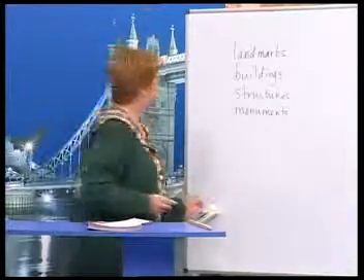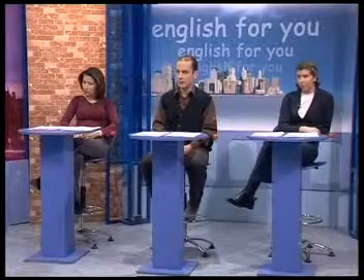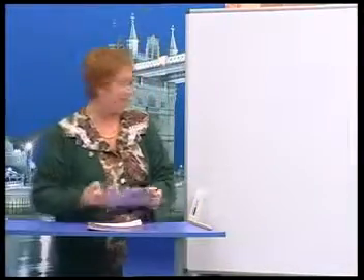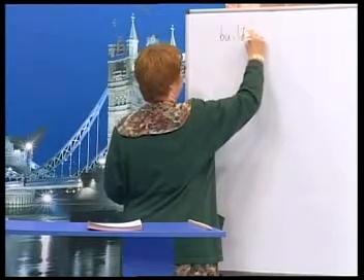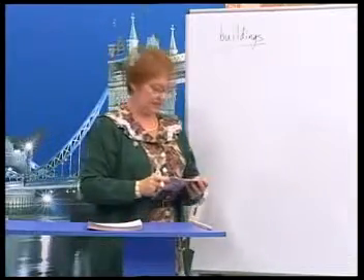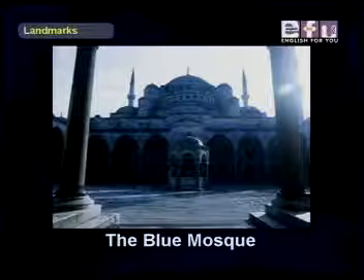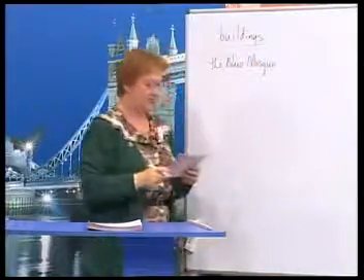Now, we're going to do these in groups, and our assistants will tell us what they know, and we're going to start with buildings. Okay, so Ali, you start. What's a building? The Blue Mosque in Istanbul. Okay, the Blue Mosque. Now Susan.